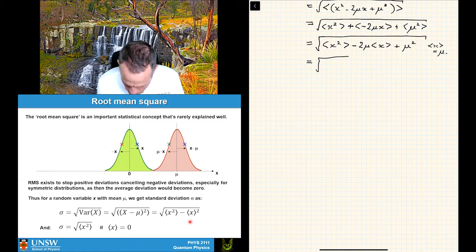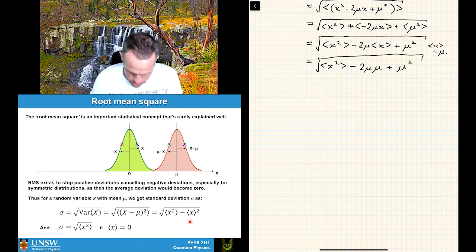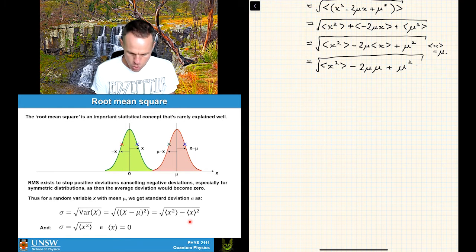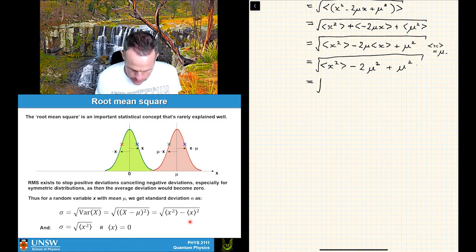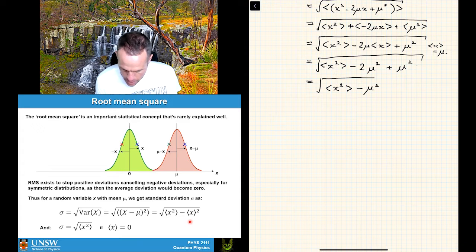So we can go: average of x squared minus 2 mu squared plus mu squared just here. And of course, this mu in the middle is really just mu squared. And so we can write this as the average of x squared minus mu squared as a result here.